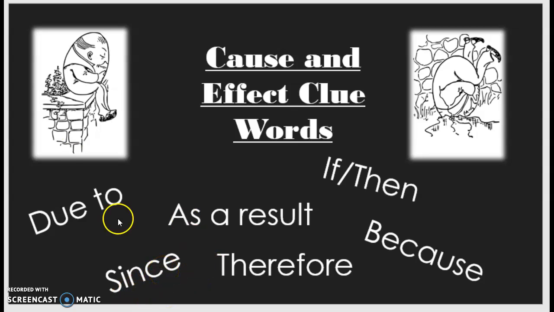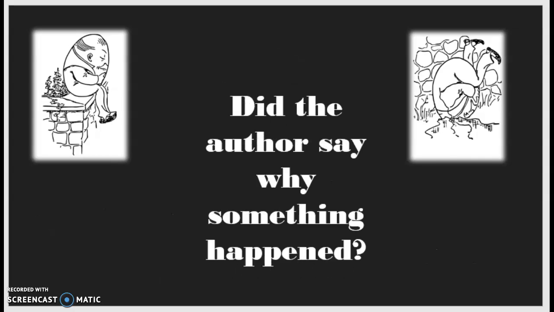Since we did this, since Humpty Dumpty sat on the wall, then he fell. If Humpty Dumpty will sit on the wall, then he'll fall. Because Humpty Dumpty sat on the wall, then he fell. Due to the fact that Humpty Dumpty sat on the wall, then he fell. As a result of the fact that Humpty Dumpty sat on the wall, then he fell. So those are all keywords you can look for when you are looking for cause and effect paragraphs.